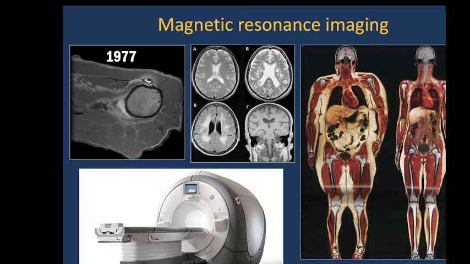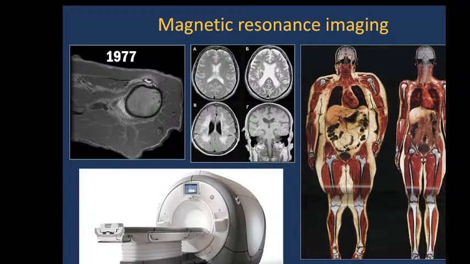This field causes the polarization of hydrogen atoms in the water molecules inside of our body, and when the electromagnetic field is turned off, each water molecule generates its own electromagnetic radiation, which is recorded by a computer. The same way, but the difference is that we could see more.